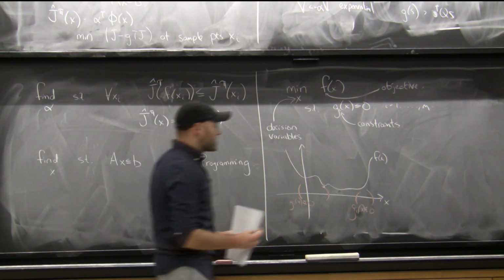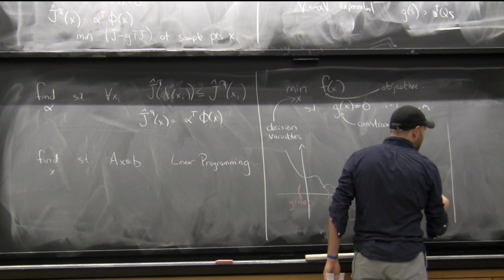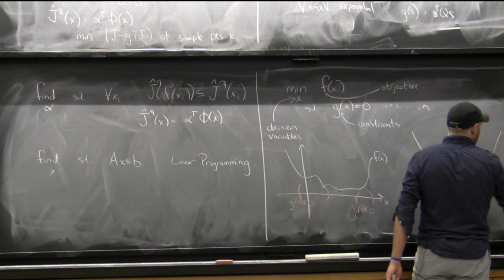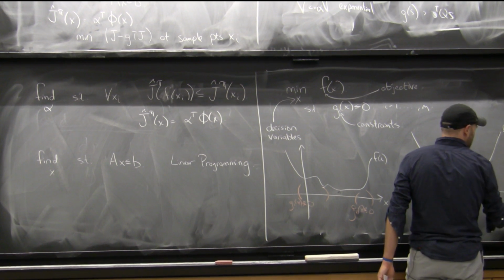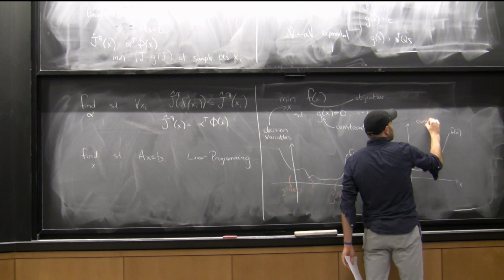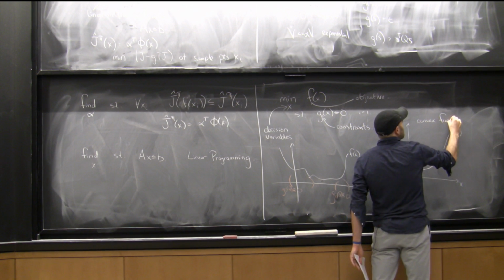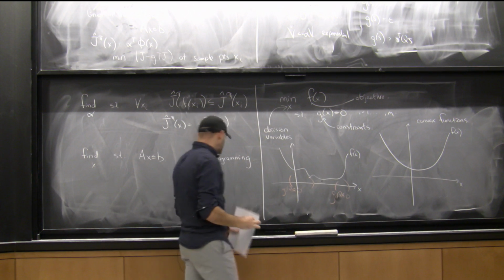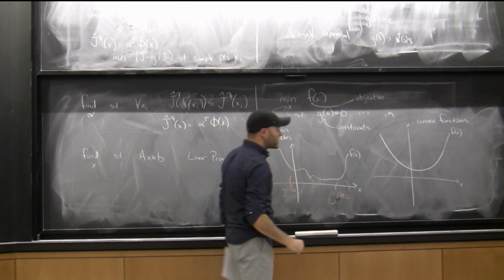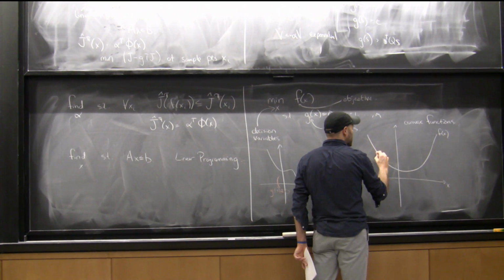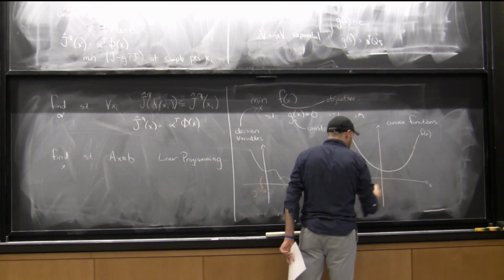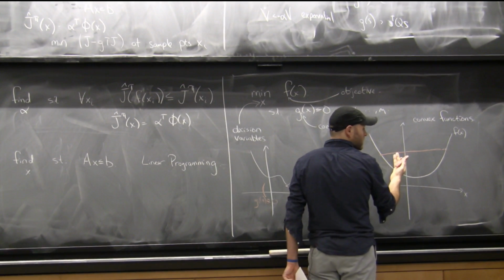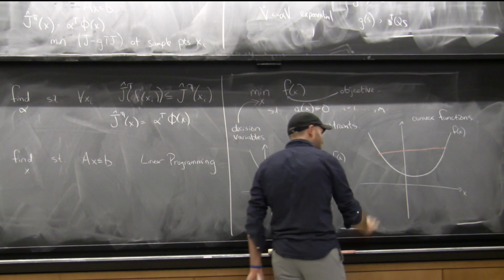And the big idea that I want to make sure you realize is that not all optimizations are created equal. Functions that look like this, which are convex, are defined rigorously as: for any two points, the line segment between them is above the function.